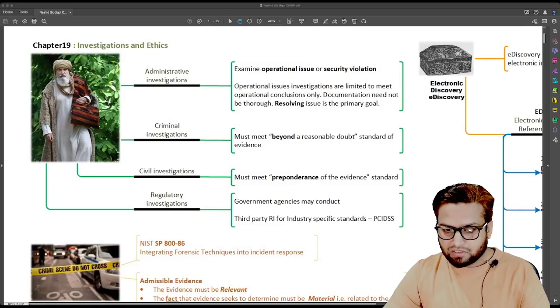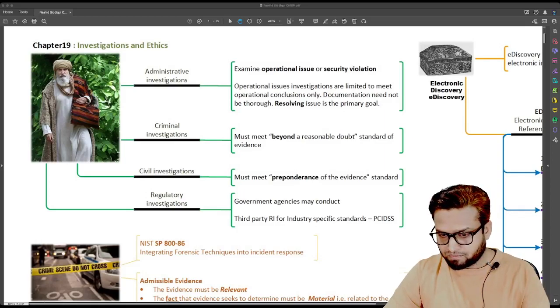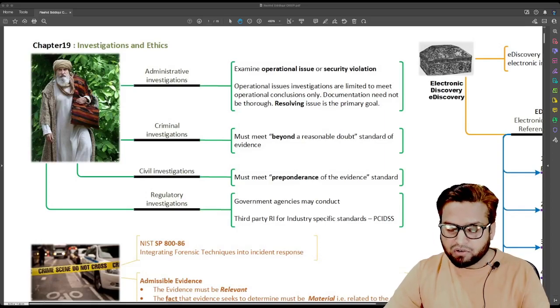Basically there are four types of investigation we discuss in CISSP: administrative, criminal, civil, and regulatory investigation. There is a fifth type of investigation which is driven by some compliance requirement or regulatory requirement, which is called third party regulatory investigation. One example is PCI DSS.